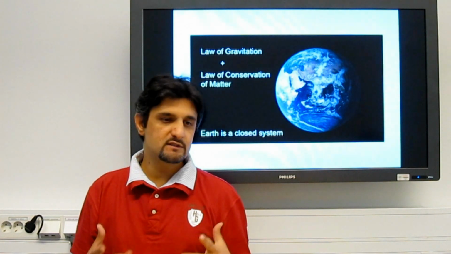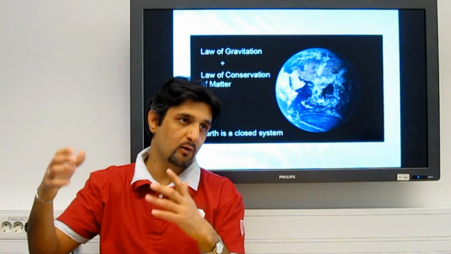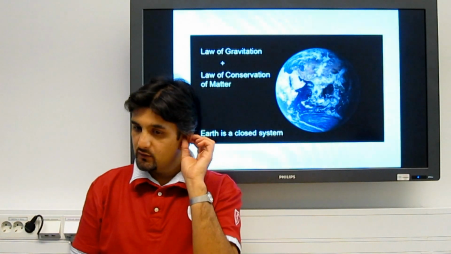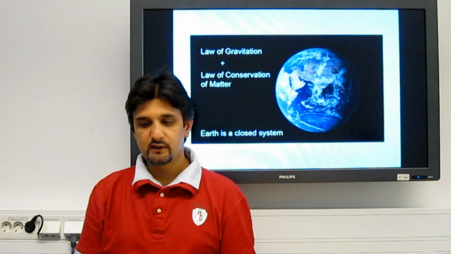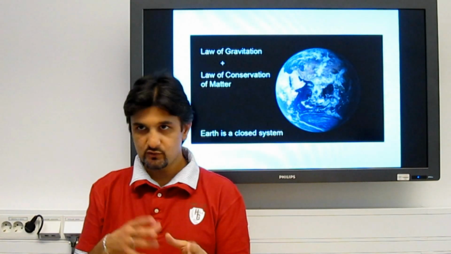So there is some kind of energy which keeps that object in the orbit. And also the law of conservation of matter, which means that matter is not destroyed, it just changes form.